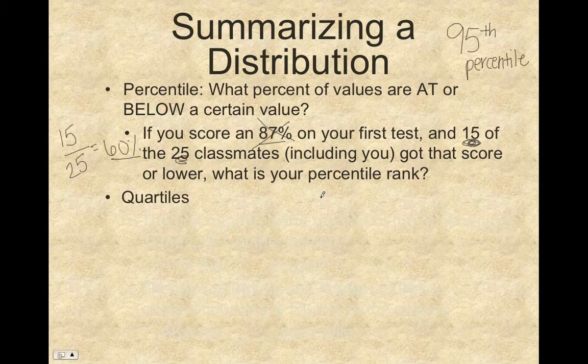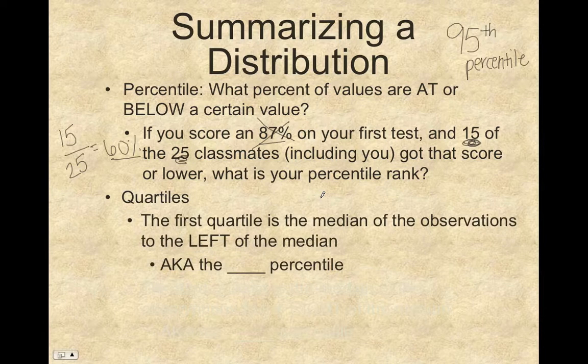The quartiles are specific percentiles. So the first quartile is, listen to this, the median of everything below the median. Let's say I have a set of data, and I have 1, 2, 3, 4, 5, 6, 7 numbers. So this middle number, the 4th number, is going to be the median. The first quartile, which is sometimes abbreviated as Q1, is the median of everything below the median.